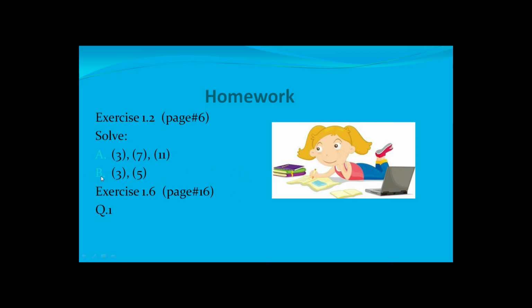Then B part, you have to solve 3 and 5. And from exercise number 1.6 there are word problems, and I have taken just one question from that exercise because this one sum is related to the addition, and you have to solve question number 1.